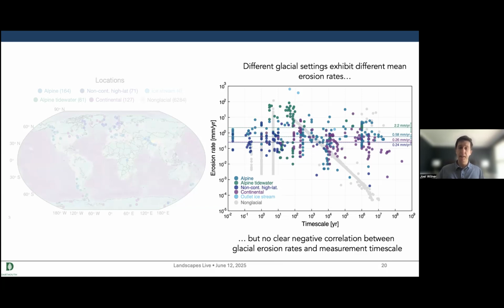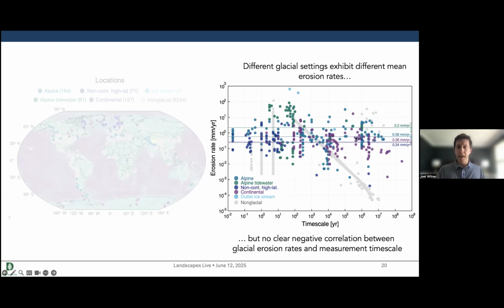But we don't see that clear negative correlation between glacial erosion rates and measurement timescale that we might expect in a Sadlerian context. We do see it in the background for those non-glacial erosion rates. So that's interesting, why we would see it for the non-glacial rates, but not clearly for the glacial rates. So next we took these data and plotted histograms in log mean space.